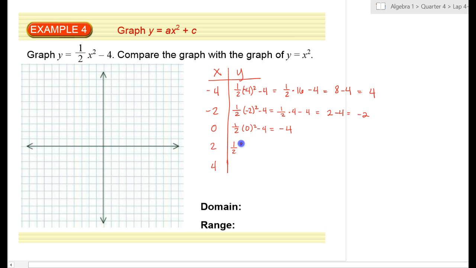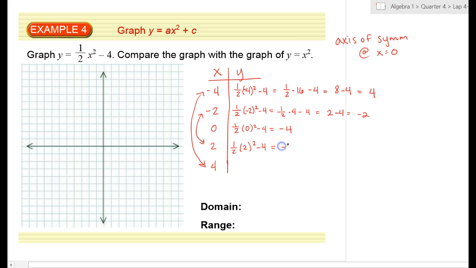When I plug in 2, remember there's no b value, so my axis of symmetry is at x equals 0. So -2 and 2 reflect, and 4 and -4 reflect.